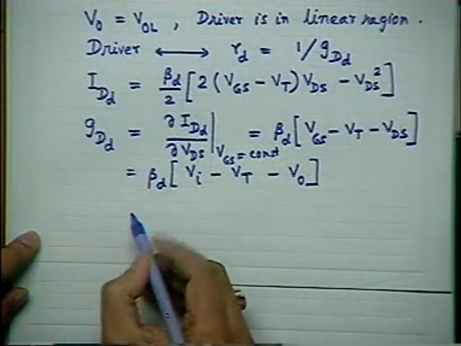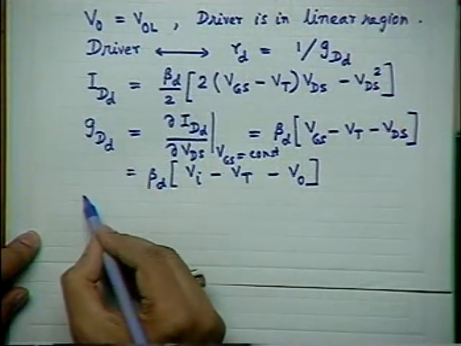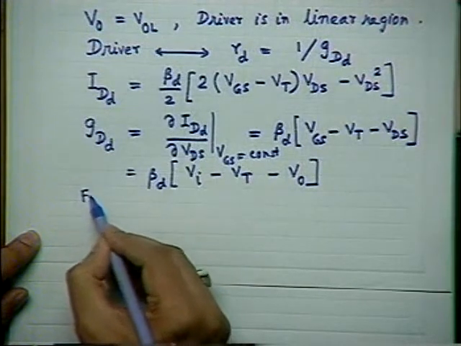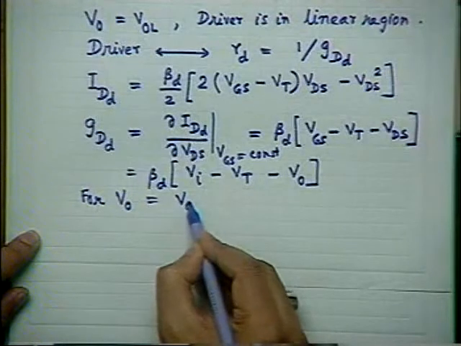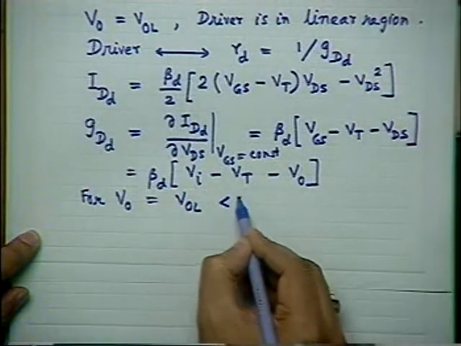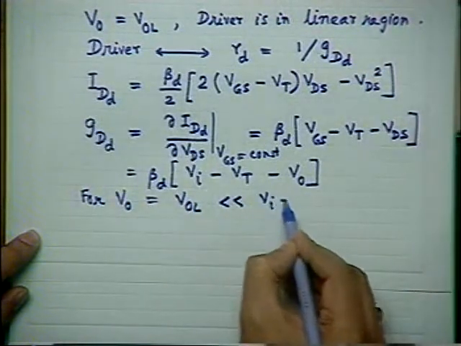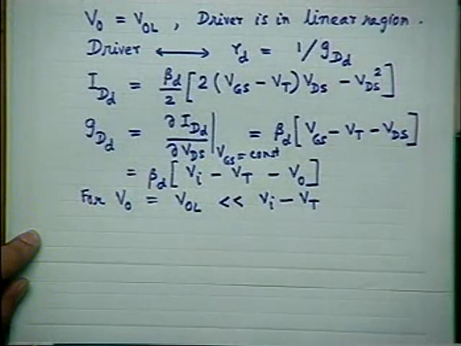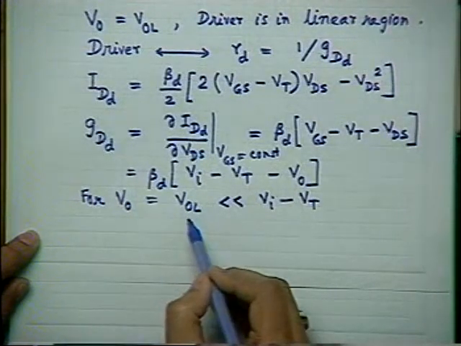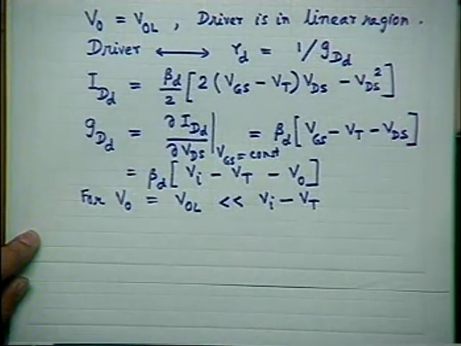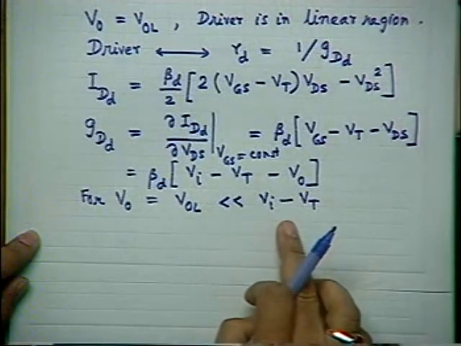and for VO equal to VOL, which is very small compared to VI minus VT. When VO is equal to VOL, it is a very small voltage, and usually it will be very small compared to VI minus VT.